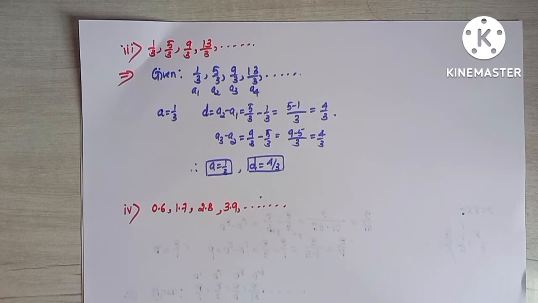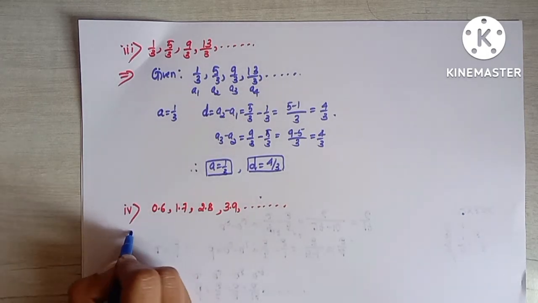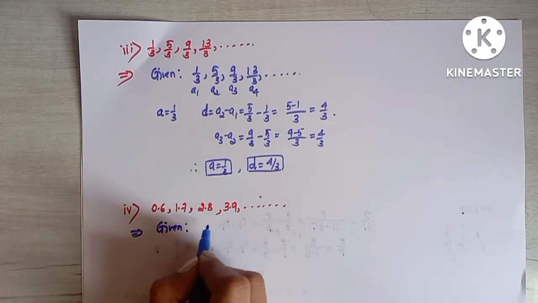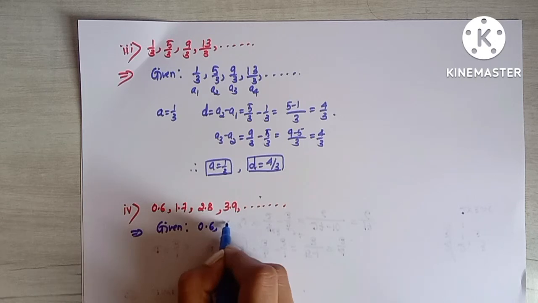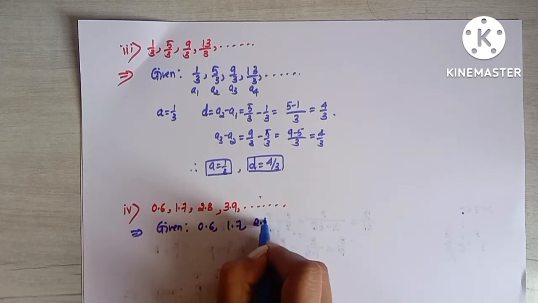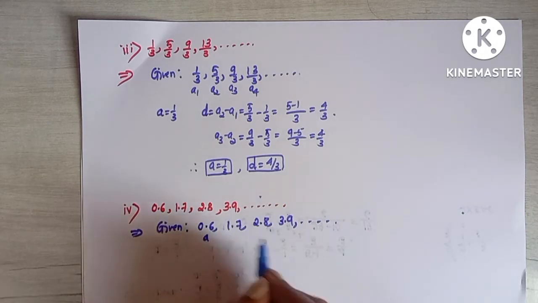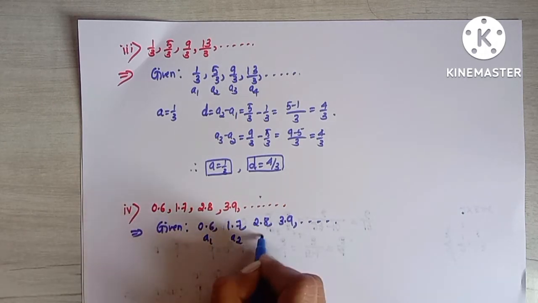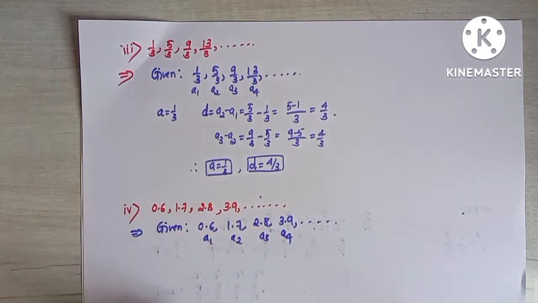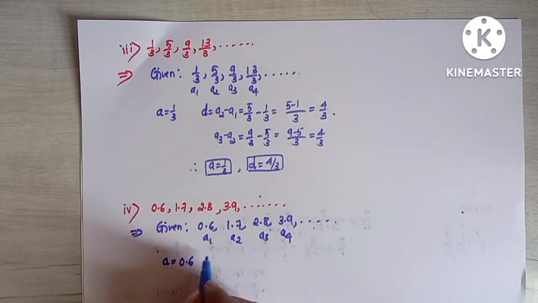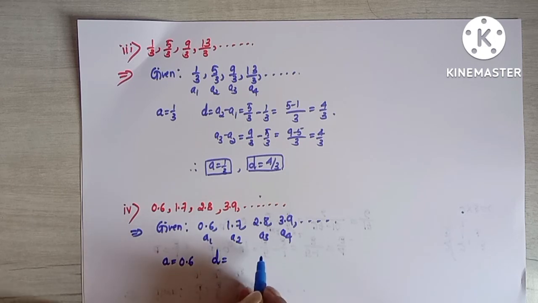The next question is 0.6, 1.7, 2.8, 3.9. So we have to write the given things first. Therefore, the given series is 0.6, 1.7, 2.8, 3.9 and so on. So we have to denote it by A1, A2, A3, A4. So what is A? That is the first term is 0.6. Next, we have to calculate D. D is A2 minus A1.